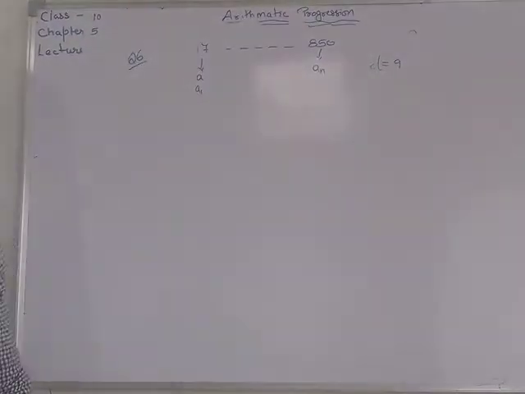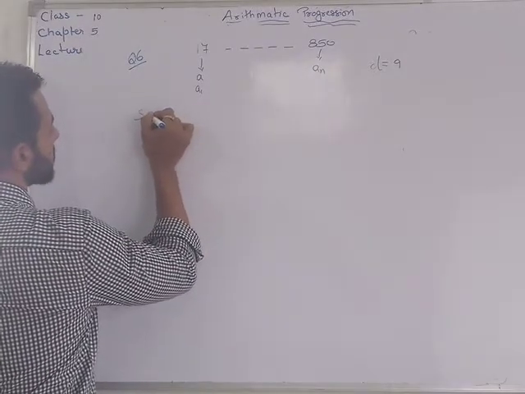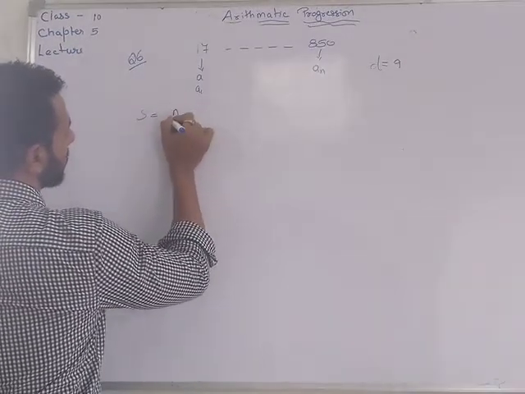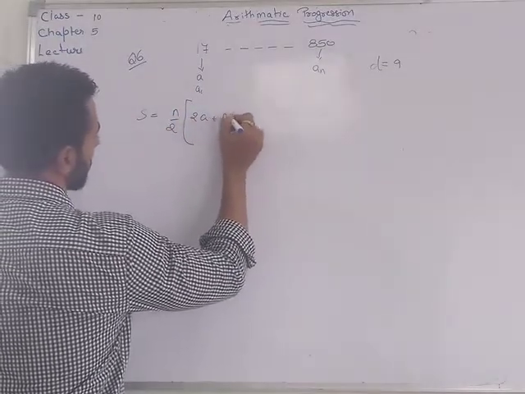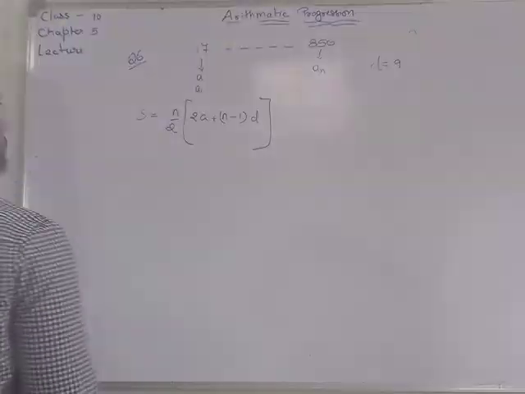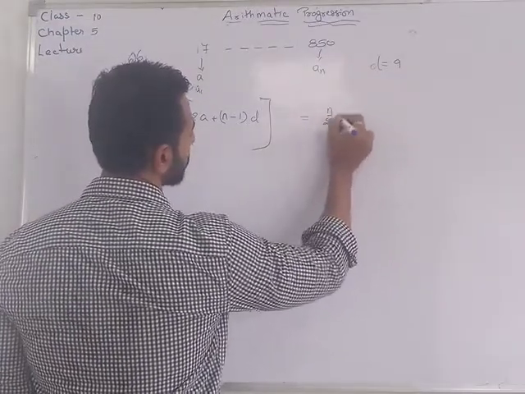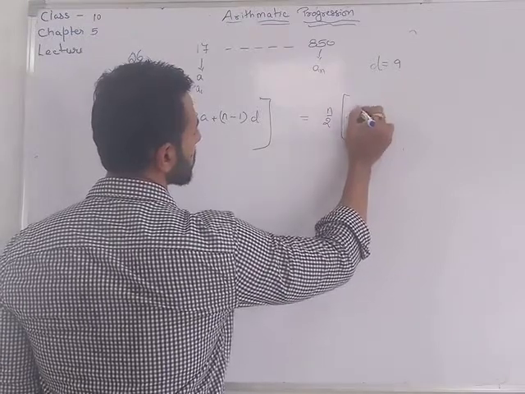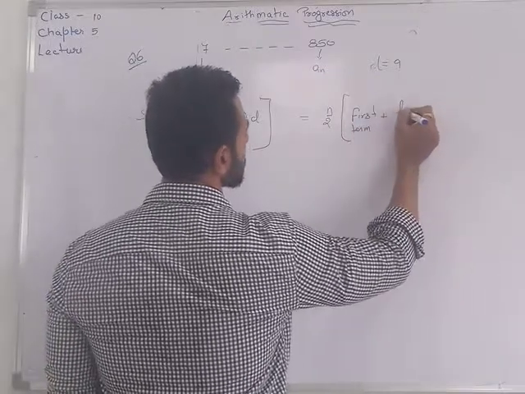Here we will be using two formulas of sum. The first formula is S is equal to n by 2 times twice of A plus n minus 1 into D. And we also know that this sum is equal to n by 2 times first term plus last term.